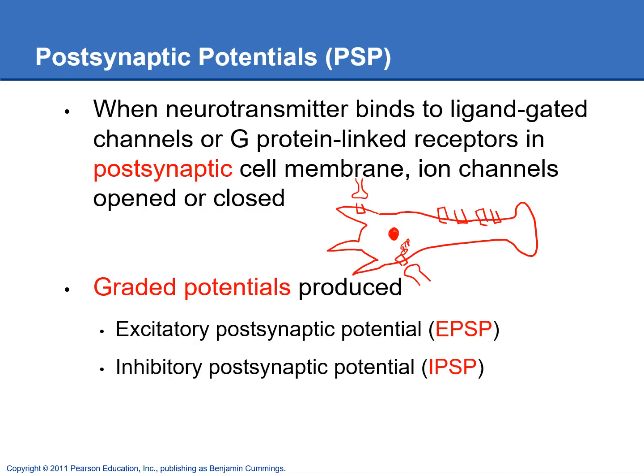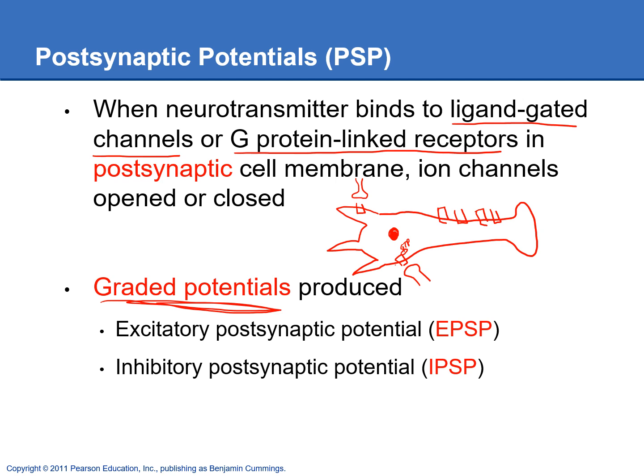So when the neurotransmitter binds to either the ligand-gated ion channels or the G protein linked receptors that are located on the dendrites or the soma on this postsynaptic neuron here, and we get ions moving in and out of this postsynaptic neuron, we're going to be producing some graded potentials in this postsynaptic neuron. And those graded potentials could either be excitatory or inhibitory.